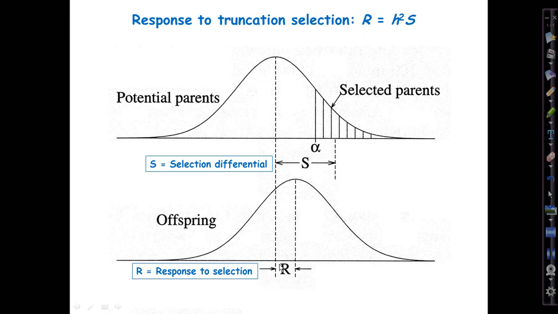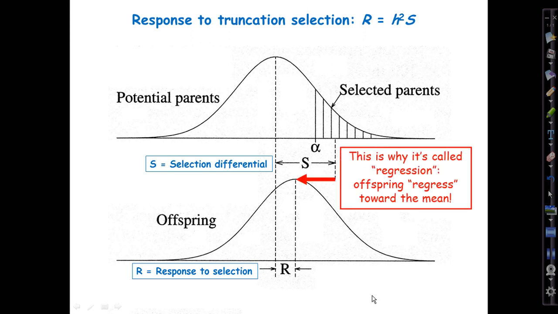The distance that we moved the mean, the improvement in the mean from the point of view of an agricultural breeder, is called big R for response to selection. So R for response, S for selection differential.